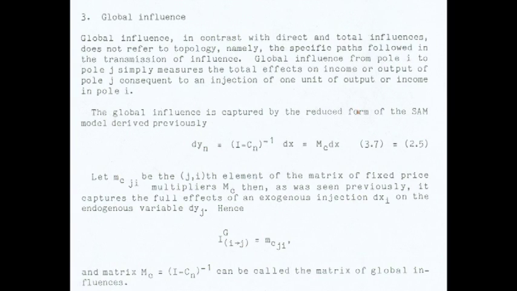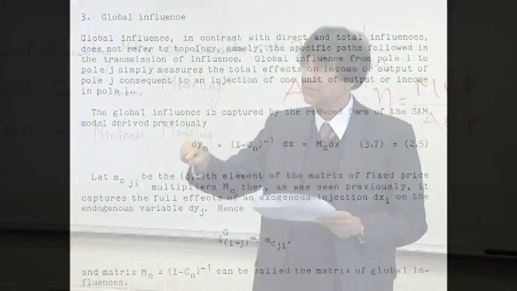And here we explain that global influence, in contrast with direct and total influences, does not refer to topology, namely the specific paths followed in the transmission of influence. Now, I should pause here and define direct and total influences. Direct influence is when you go from, say, one node to another in the matrix. And I will show you soon through diagrams what I mean. Total influence is when you have also a kind of looping around, and you have several different paths, and you have to add them up.